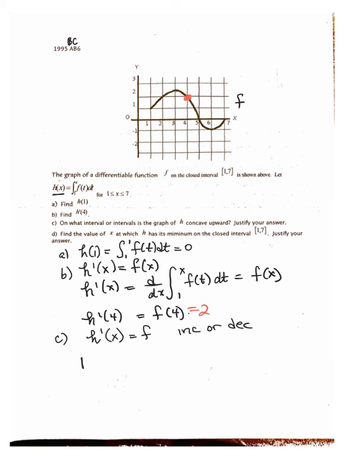So we make a number line using the domain that was given up here, 1 to 7, and we describe what f is doing, which is really the derivative of h. So h is increasing from 1 to 3, decreasing from 3 all the way to 6, and increasing from 6 to 7.